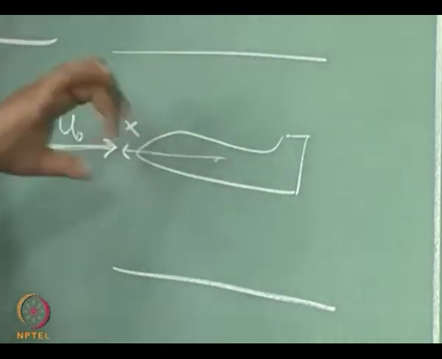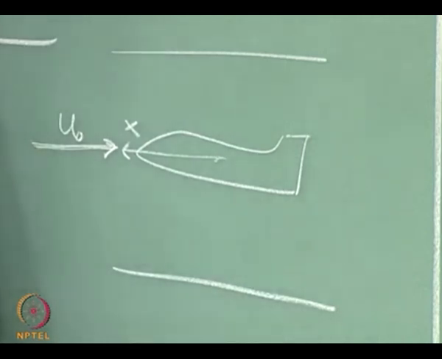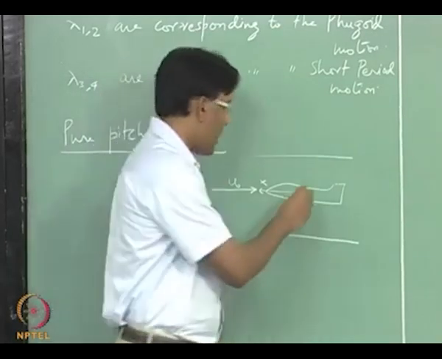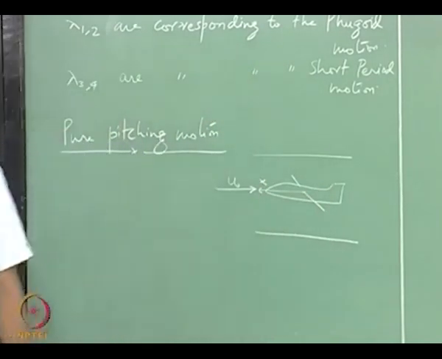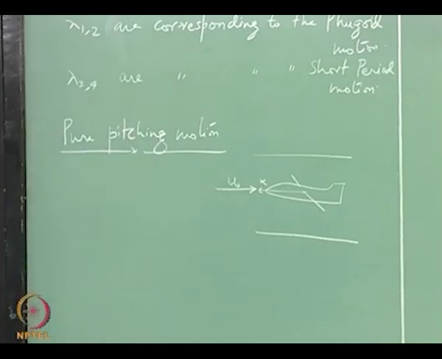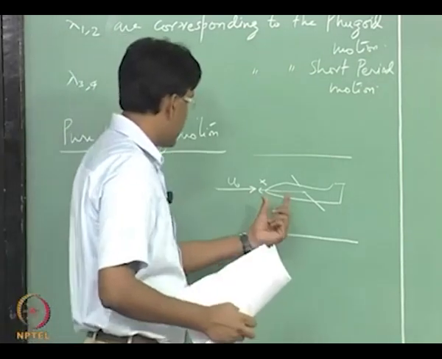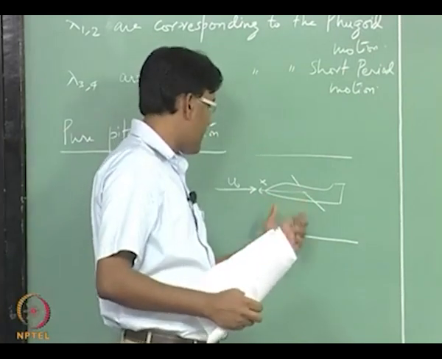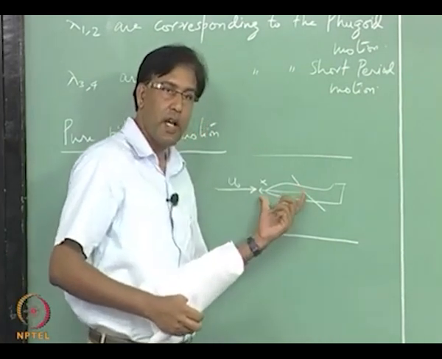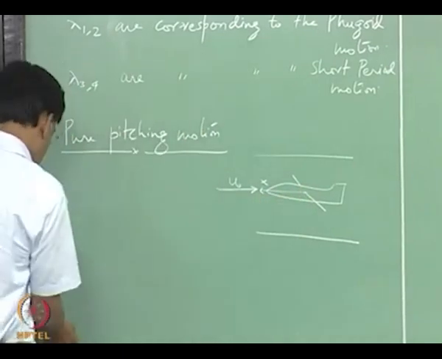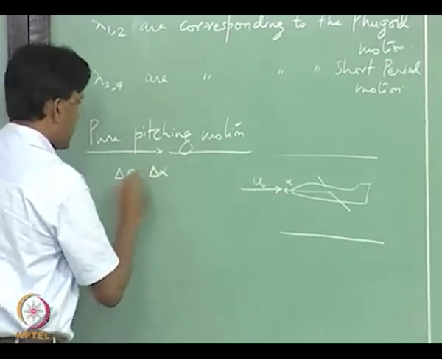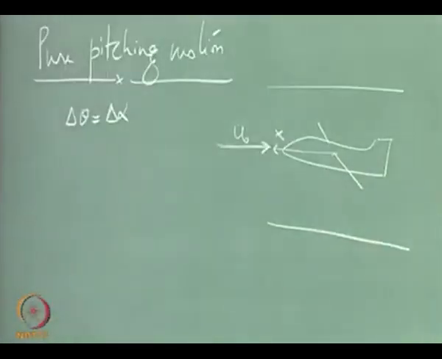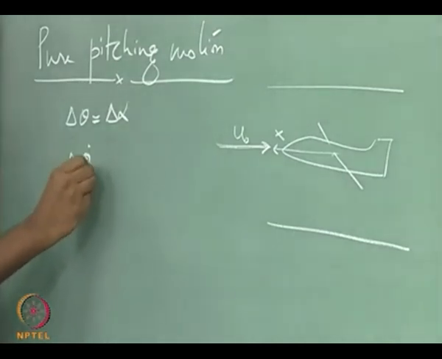And this model is having only one degree of freedom, and that is in the pitching motion. There is a rod passing through this, which allows it only to have a pitching motion and nothing else, right. And we assume that to start with, this axis is aligned with the inertial frame of reference, so that any perturbation delta theta was equal to delta alpha, right, and delta theta dot, which is delta q, we have shown this already.